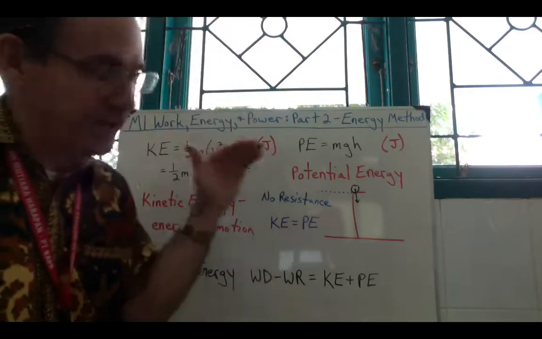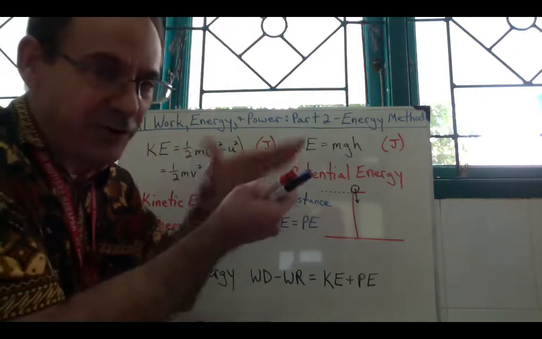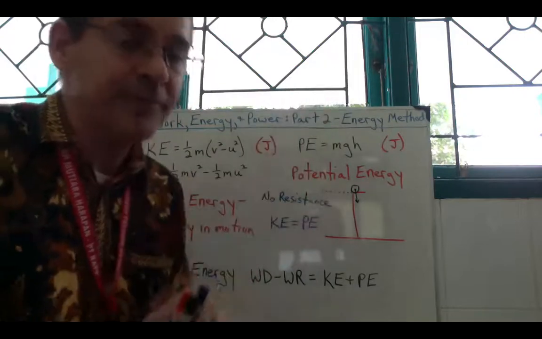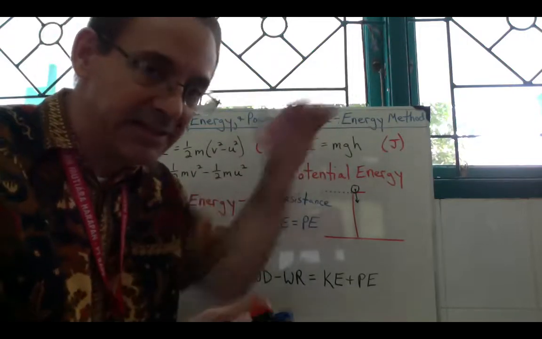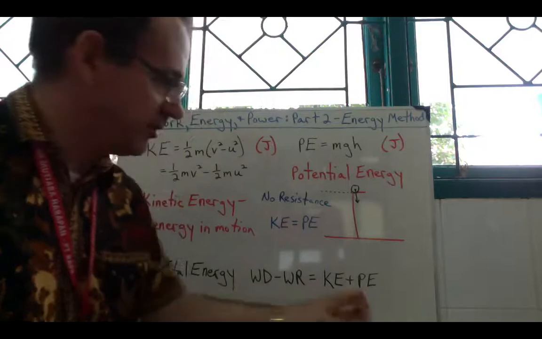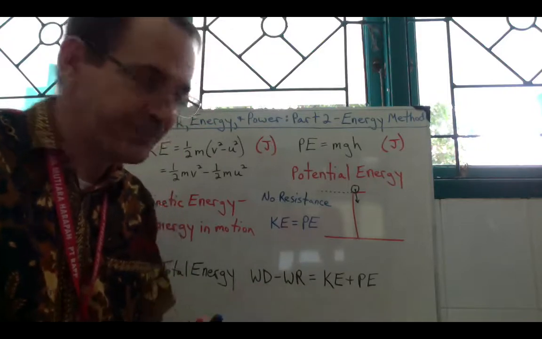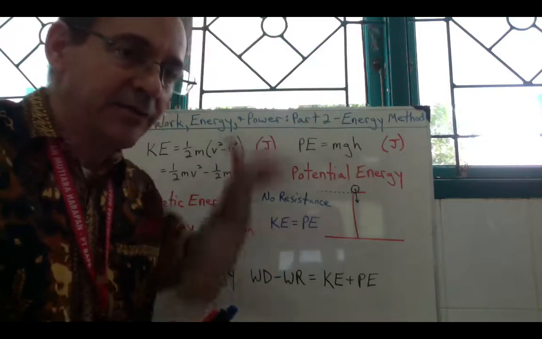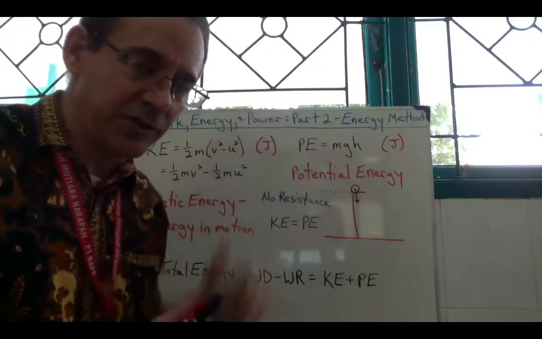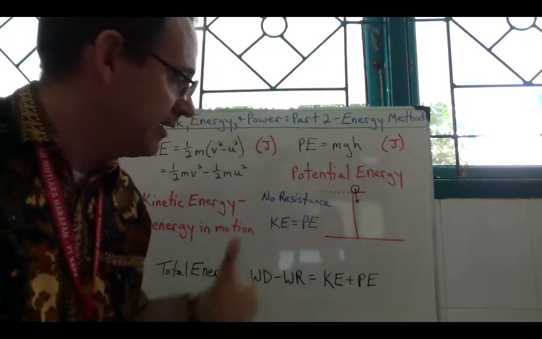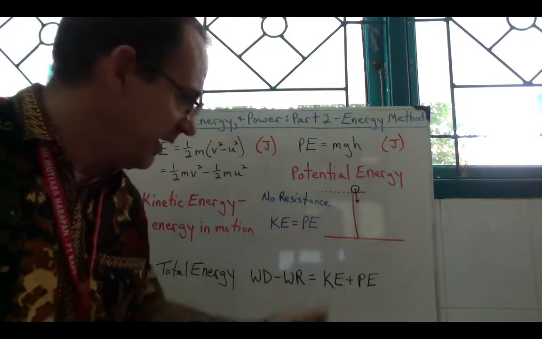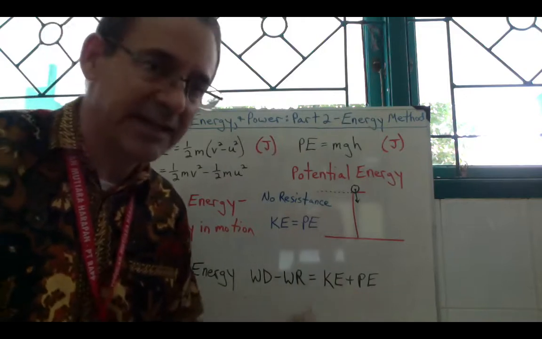If your end height from your beginning height is higher, then you'll have gained potential energy, and you'll enter it as a positive number. However, if you have lost height from your starting point to your final point, then you'll have a loss in potential energy, and you'll enter that as a negative number.